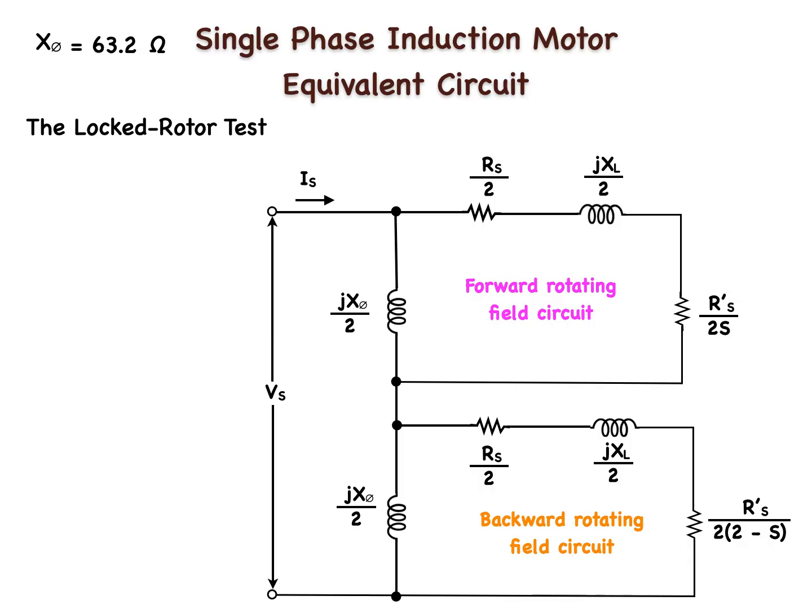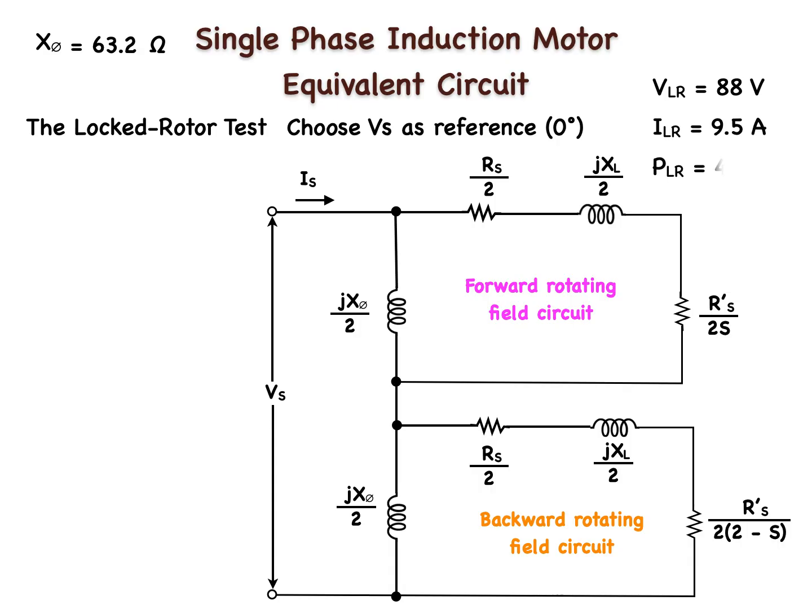In the locked rotor test, we apply 88 volts as VS, and we will use it at 0 degrees as our reference phasor, and measure the current, which in this case is 9.5 amps, and the power, which is 418 watts.